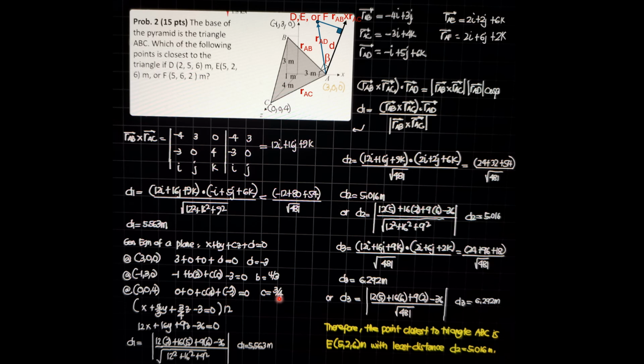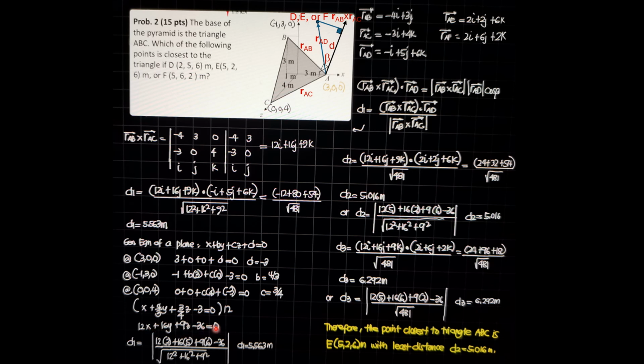So c is positive 3/4. Substitute into this equation: x plus 4/3 y plus 3/4 z, then minus 3 equals 0. Multiply everything by 12, the LCD. So 12x plus 16y plus 9z, then minus 36 equals 0.